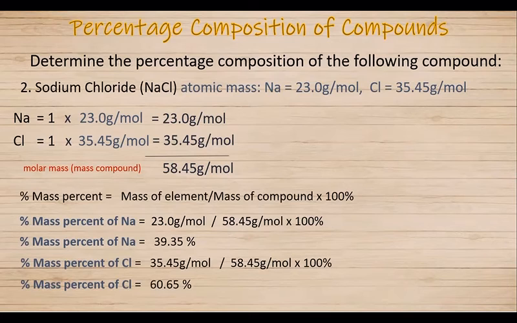Just like our first example, the unit left for the mass percent of sodium and chlorine is percent, because the gram per mole unit will be cancelled. And now, if you sum up the mass percent of sodium, which is 39.35%, and the mass percent of chlorine, which is 60.65%, we will get 100%, as pertaining to the definition of percentage.